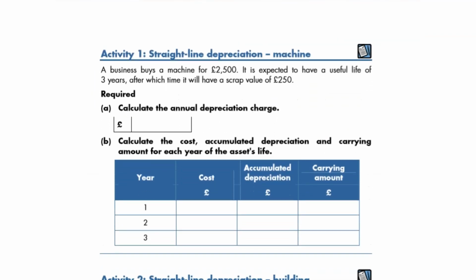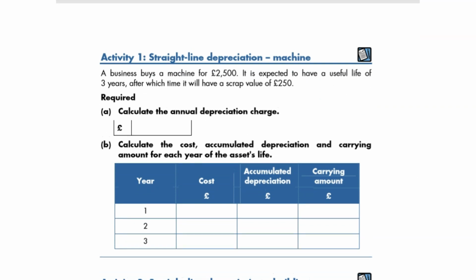Now we have been given some activity number 1 in front of us. Straight line depreciation. A machine. A business buys a machine for 2,500. So what's that? That is your cost, isn't it? And remember, there are the two formulas. Then it is expected to have a useful life of 3 years. How many years? 3 years.